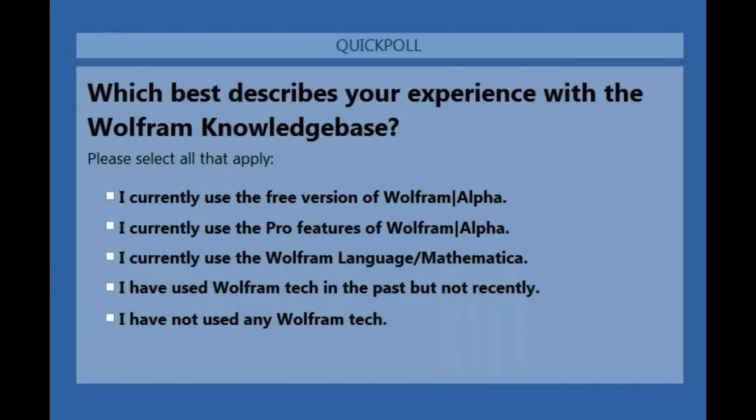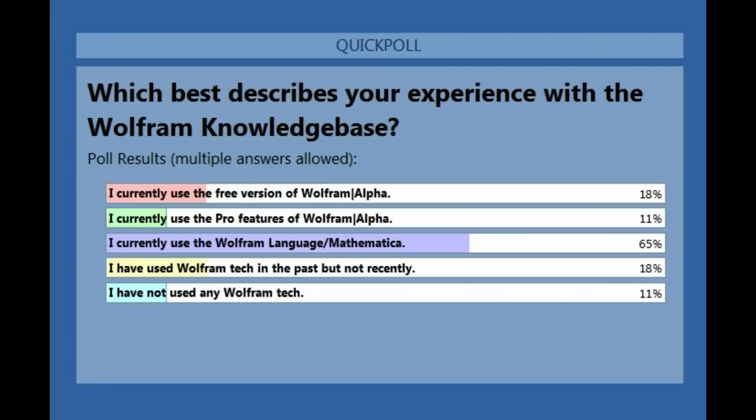Okay, I think we're probably ready to share those results if you're curious to see who's here with us today. As you can see, lots of Wolfram Language Mathematica users, which we're very happy to see. And then also a good number of people who have used either the free version or the pro features, which are subscription-based, of Wolfram Alpha. So thank you everyone for being here. We really appreciate that. We think we will have something to benefit everybody.